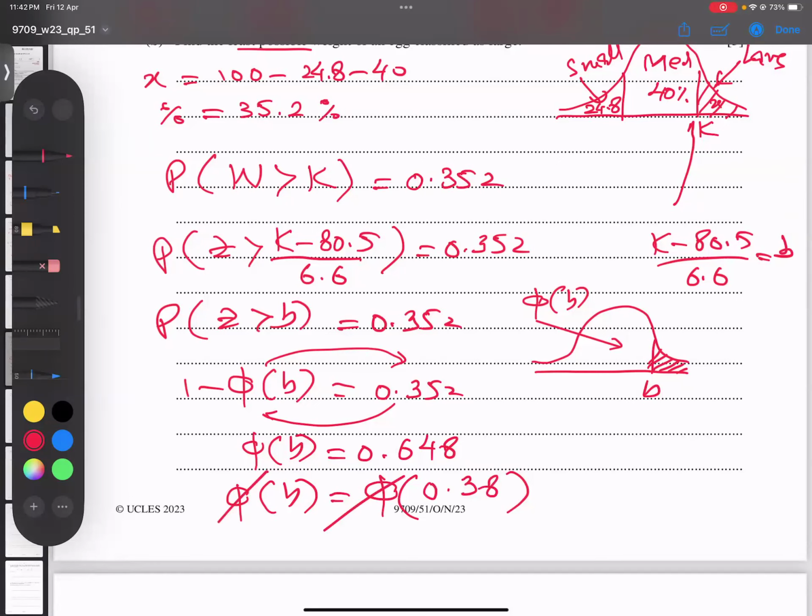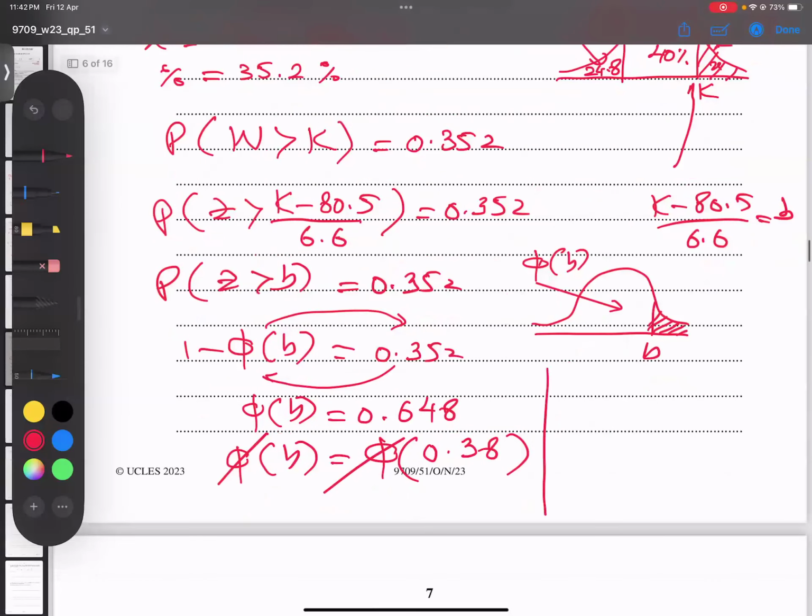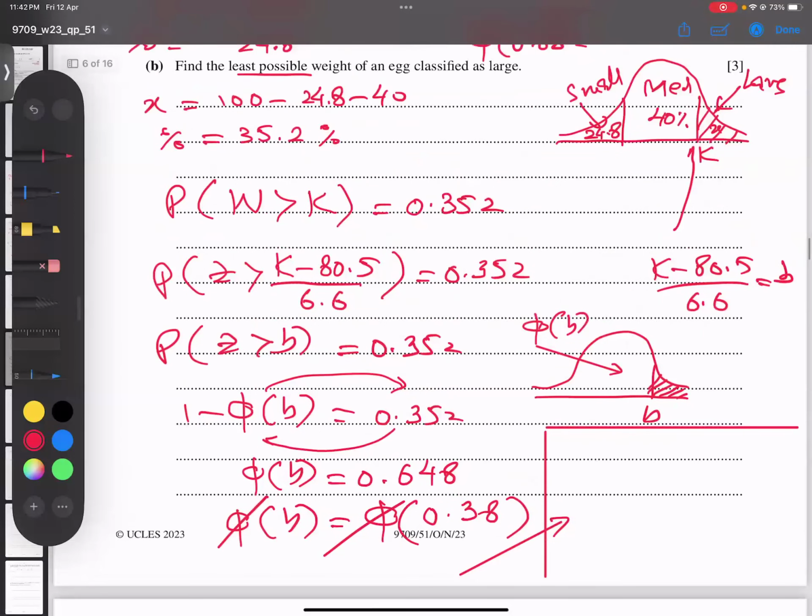Phi, if I cancel from both sides, students, I can write it finally here. Because the B value is becoming this, this value I'm keeping here. So (K minus 80.5) over 6.6 equals 0.38. So this will multiply, and this will add after that.